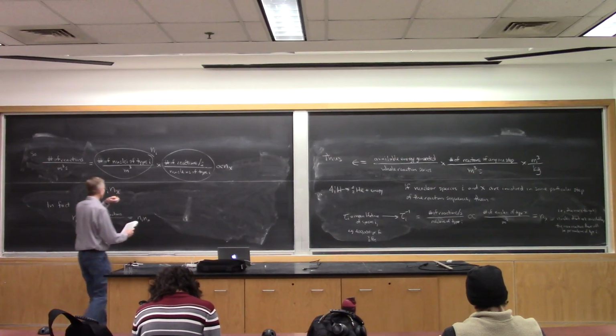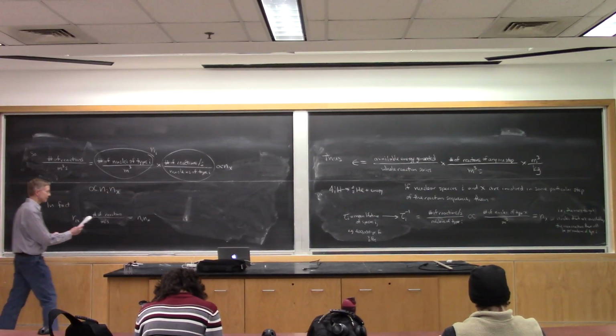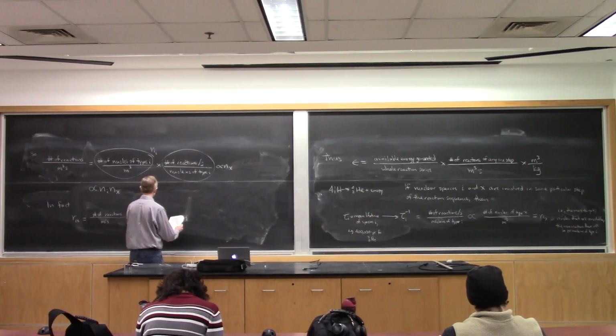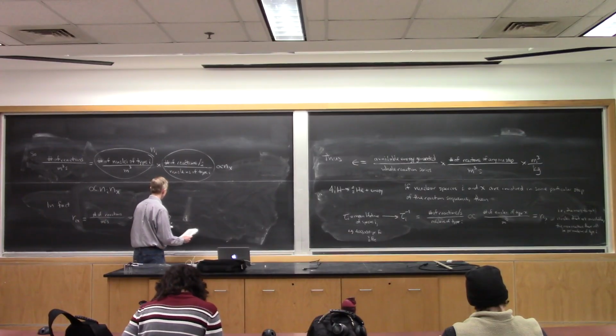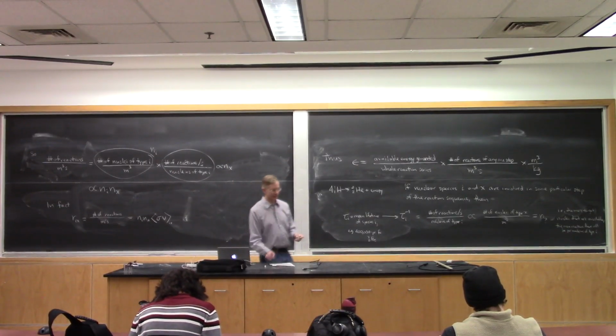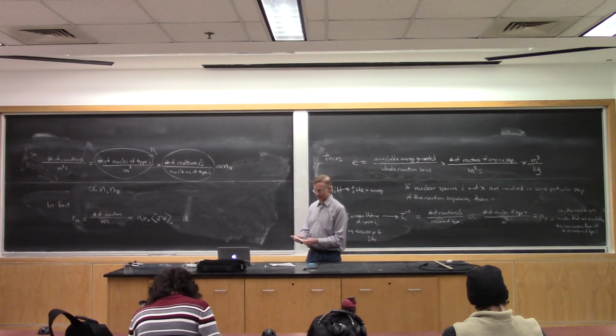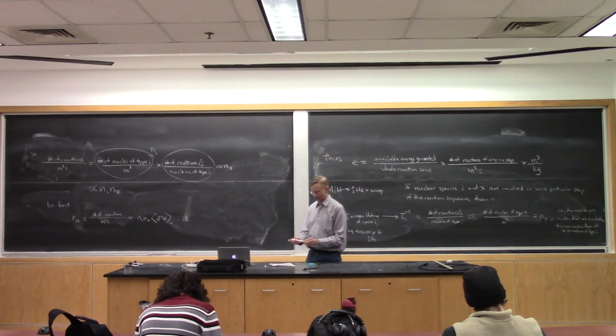We said it was proportional, so what's the constant of proportionality? It's going to be this thing which I'll define after I write it: angle brackets sigma v sub ix. Which, okay, what the heck is that? Well, I have to say what the heck that thing is.